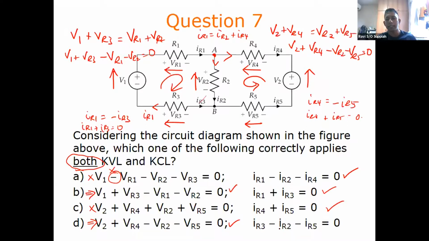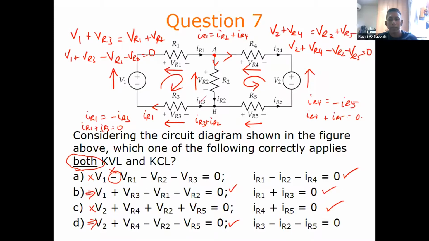The IR3 minus IR2 minus IR5. All right. So you can see here that if I look at this branch, IR3 is coming in, IR2 is coming in, IR5 is going out. So I can write IR3 plus IR2 equals to IR5. Okay, so there's a question.